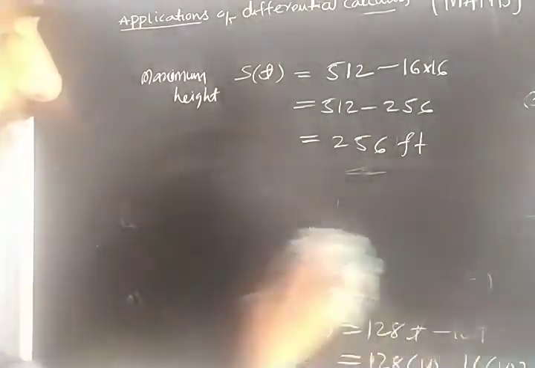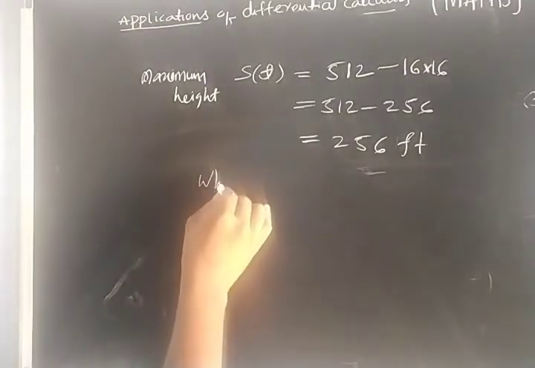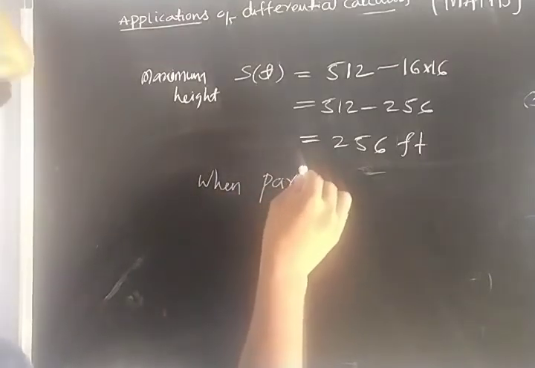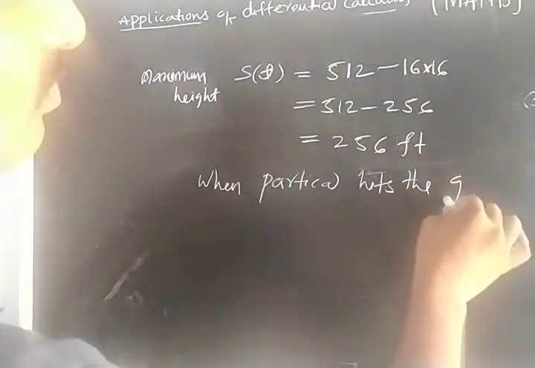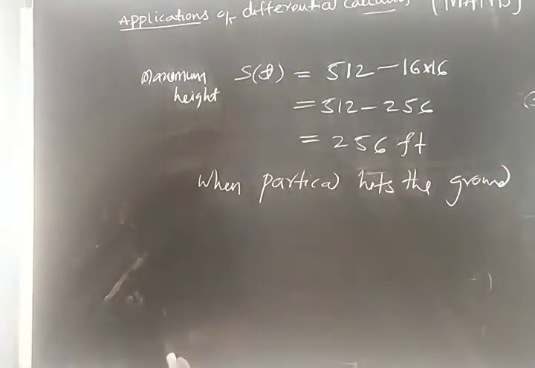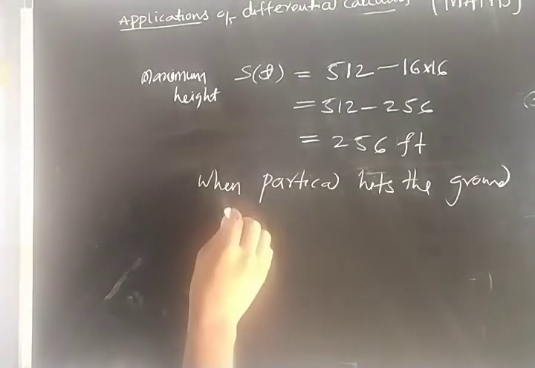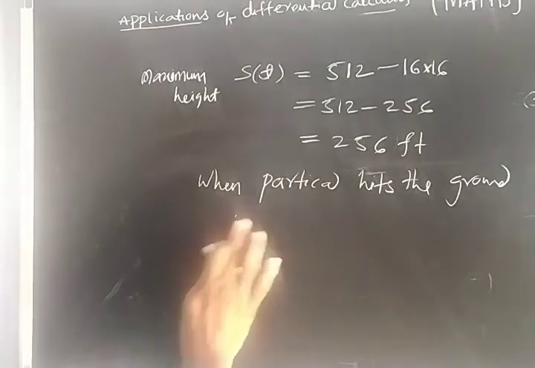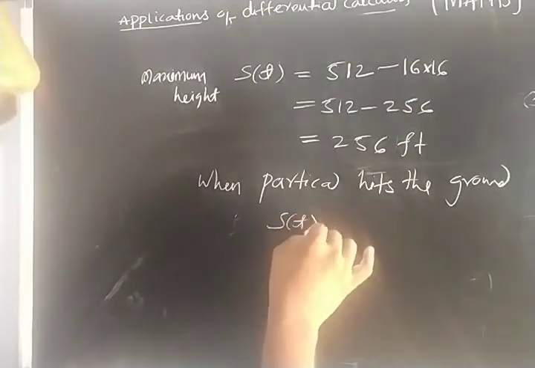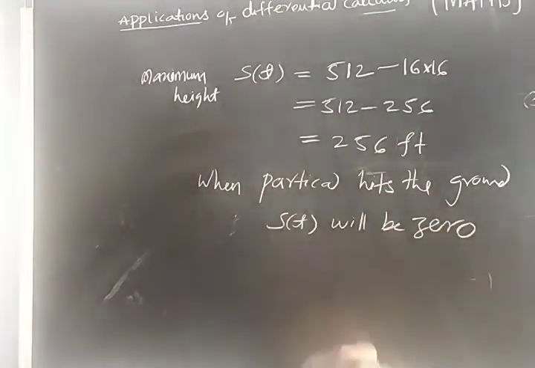Now we have to find the velocity when it hits the ground. When the particle hits the ground, the height will be 0. When the particle hits the ground, then the height becomes 0.